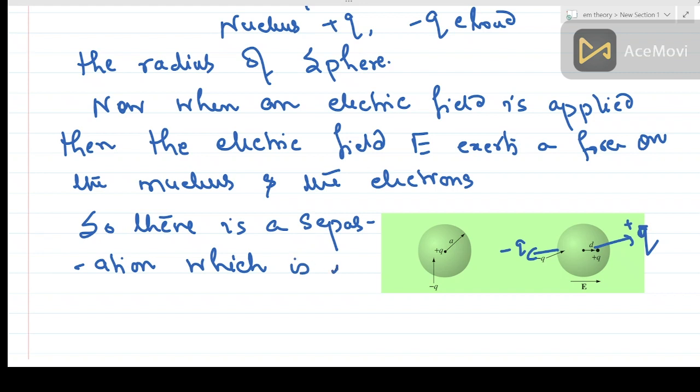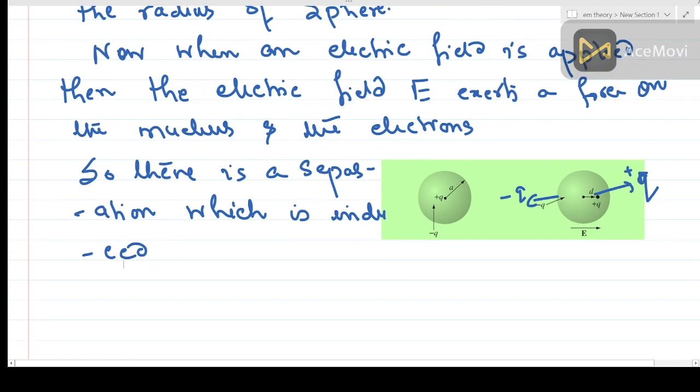Induced means it is injected from external sources. This is the most simple definition of meaning of induction that I can provide you right now, which is induced due to E external. Now try to understand the thing very carefully. This is external field. So it is inducing a separation.